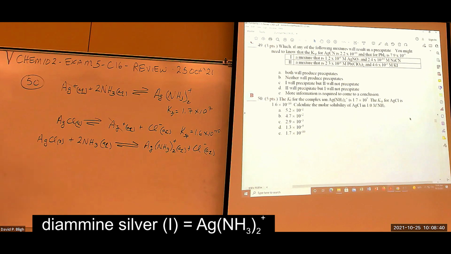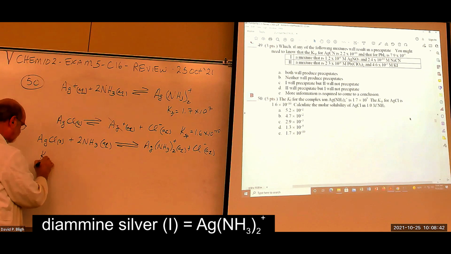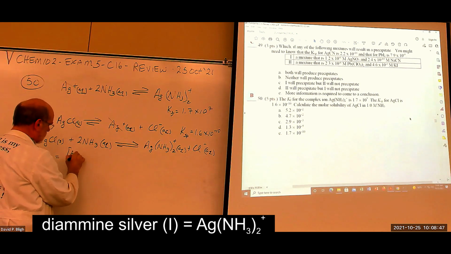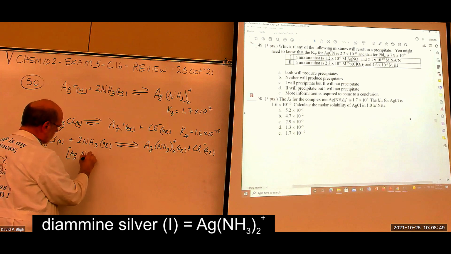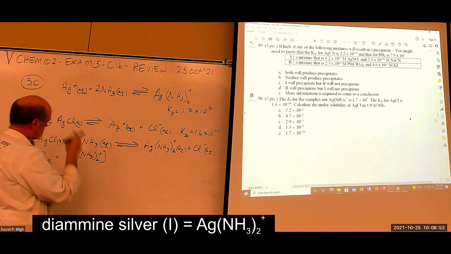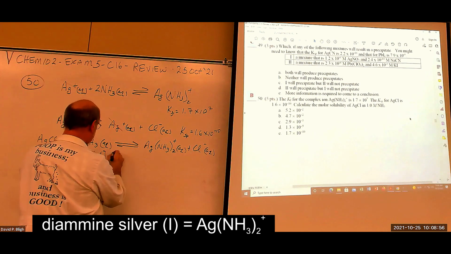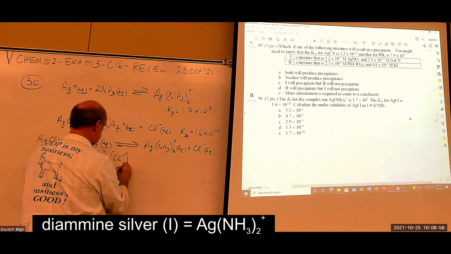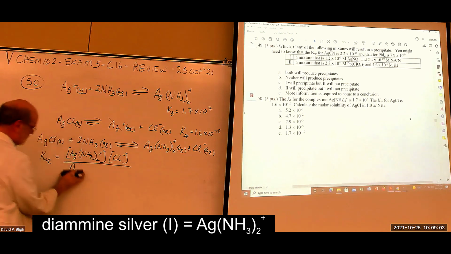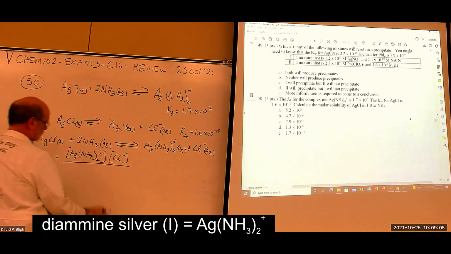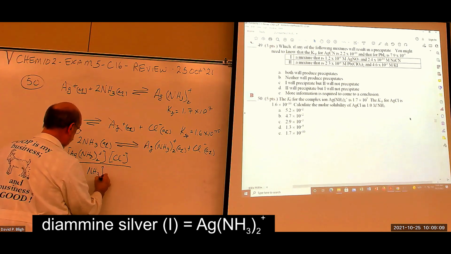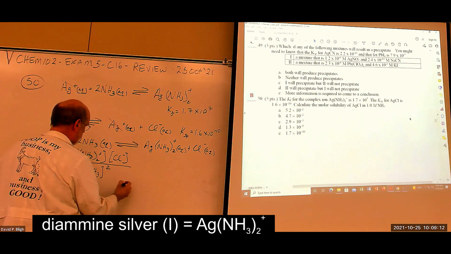Yeah. So the K for this equation is equal to the silver ammonia complex times the chlorides, divided by, oops, that's a solid, doesn't count, ammonia squared.